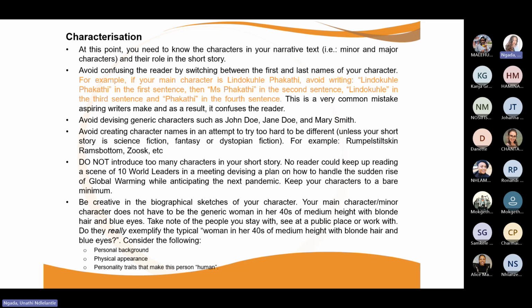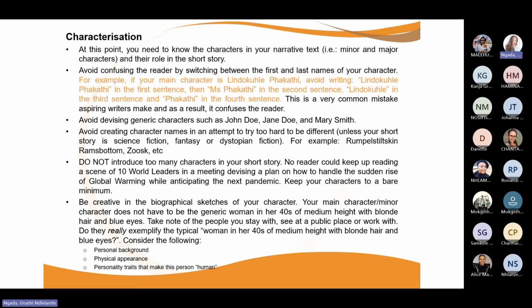Also, be very creative in the biographical sketches of your character. So, your characters don't have to be this typical woman in the 30s or in the 40s who has blonde hair, blue eyes, medium height, nice and skinny. Just pay close attention to who you are staying with, who you interact with. Obviously, they are not that typical blonde hair, blue eyes, skinny, in the 30s, slim, and all of those things.